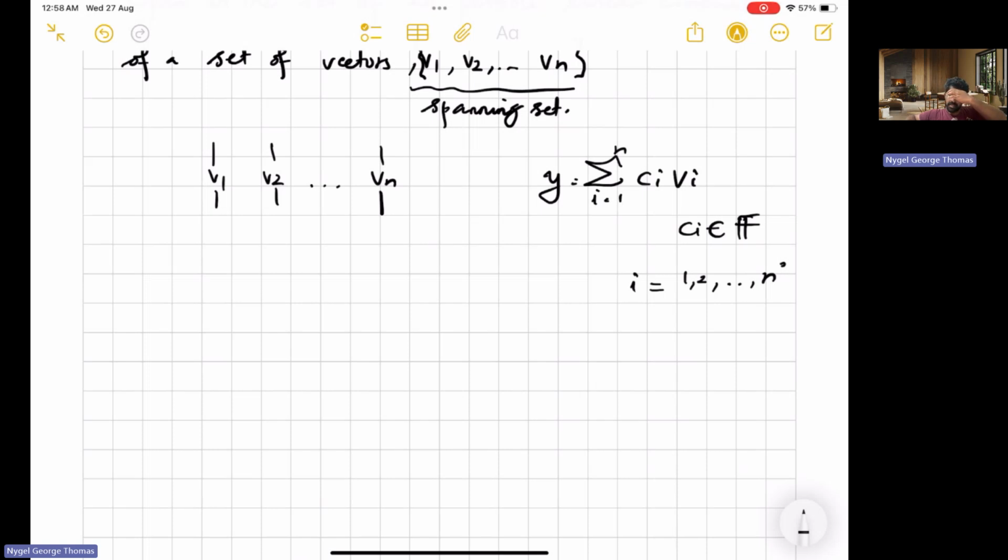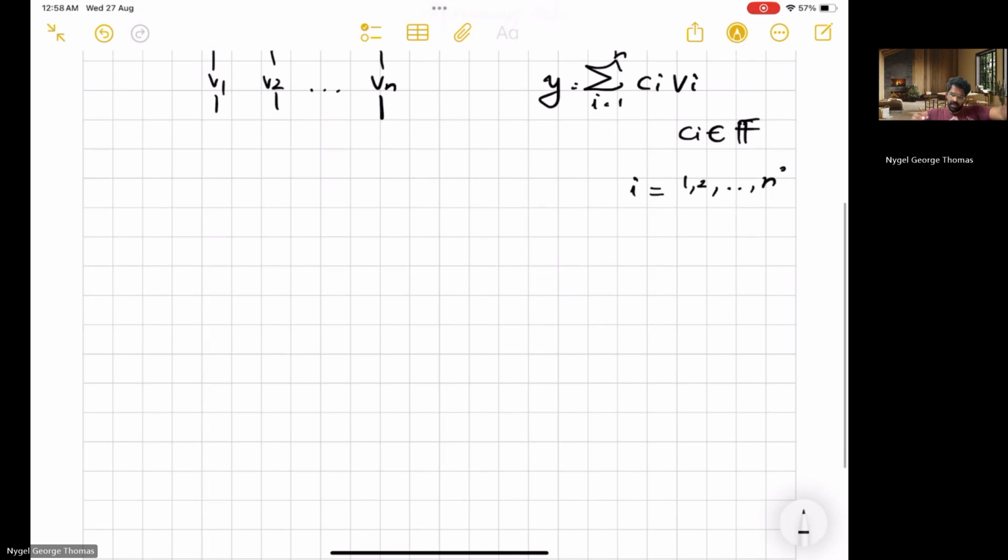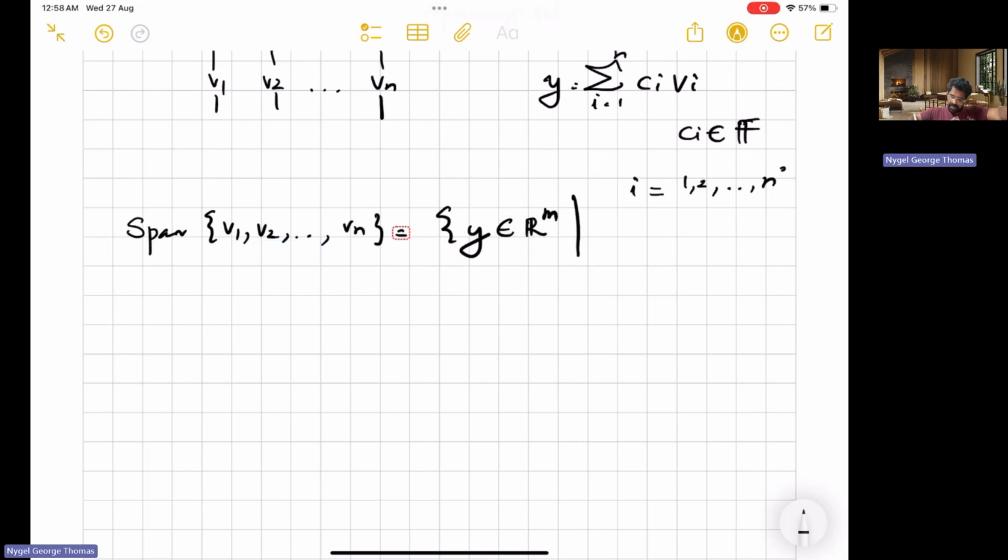So what does span say? Span of v1, v2, etc., vn is the set of all y belonging to R^m such that y is equal to sigma i equal to 1 to n ci vi, where ci belong to the field.